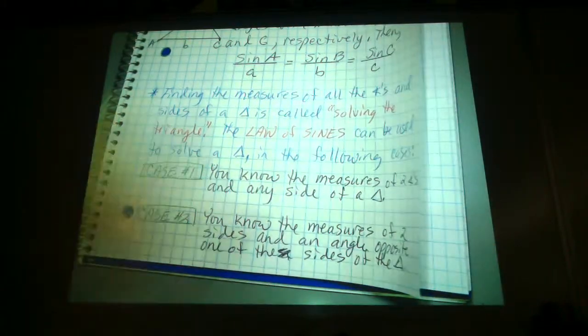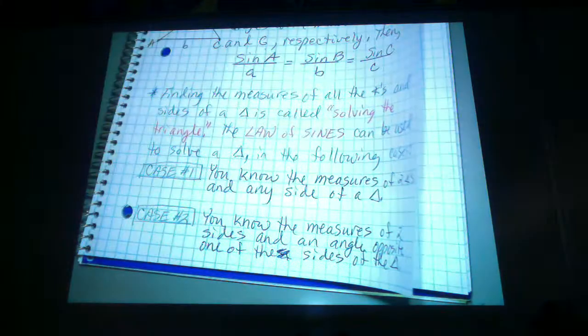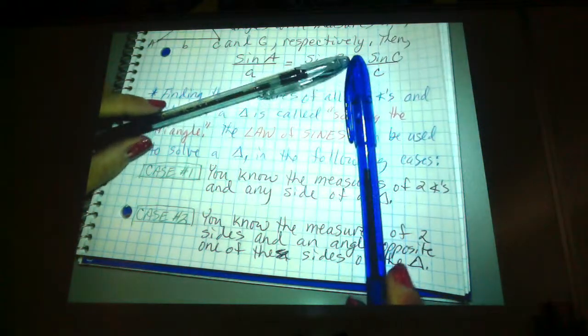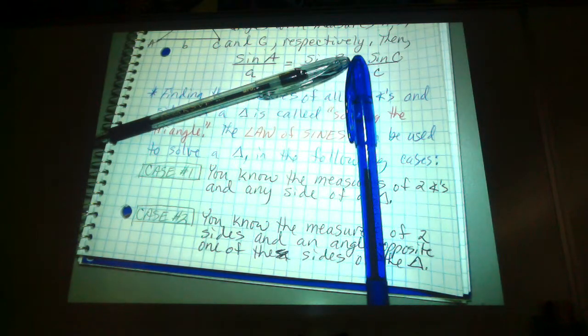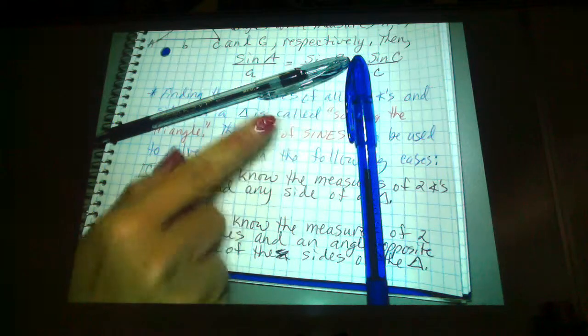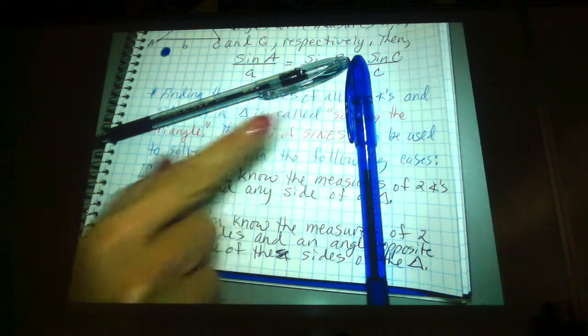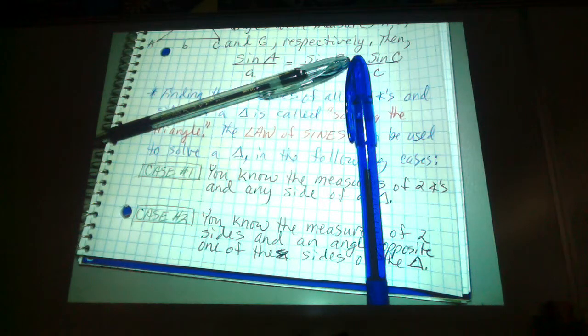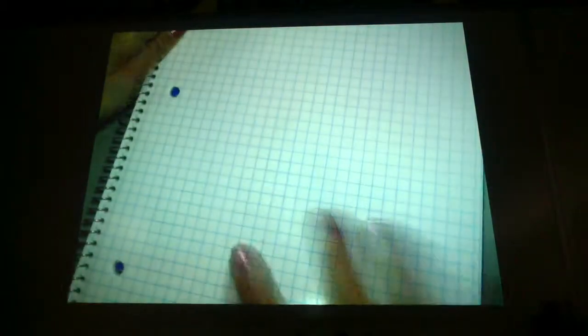Really, one of the 2 sides that you know of that triangle. So in other words, if these are the 2 sides that you know of your triangle, you want the angle that would be opposite one of those sides. You do not want that included angle. If you have that included angle between those 2 sides, you would be using the law of cosines, which we will learn next.